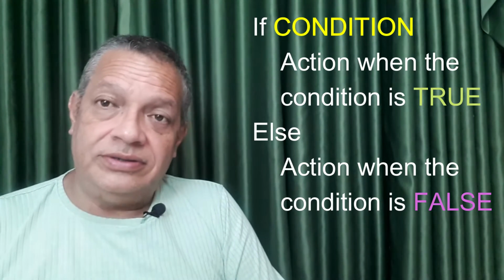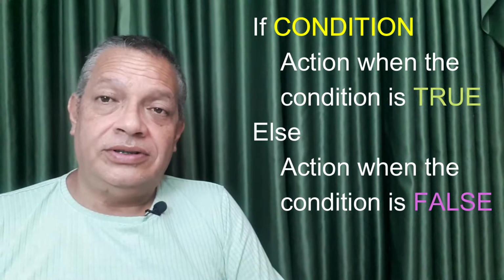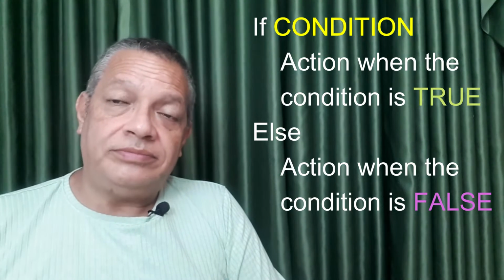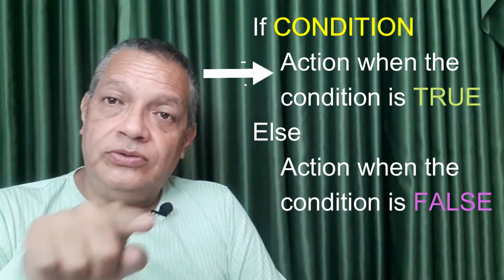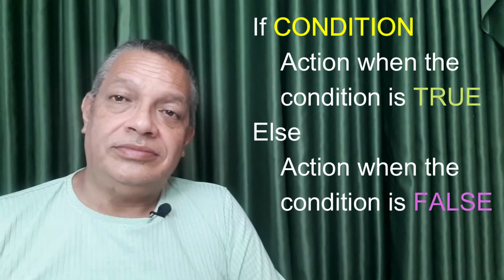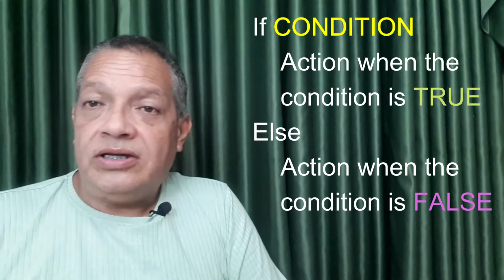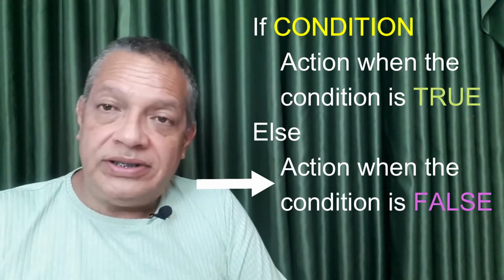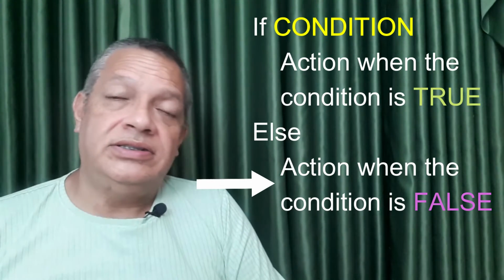If the condition is true, you say to the computer, do this. If the condition is false, you say, hey, do this. You have to write what the computer has to do if the condition is true or false.